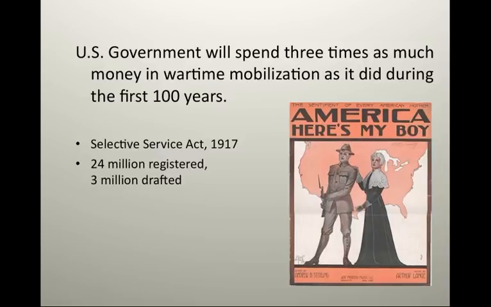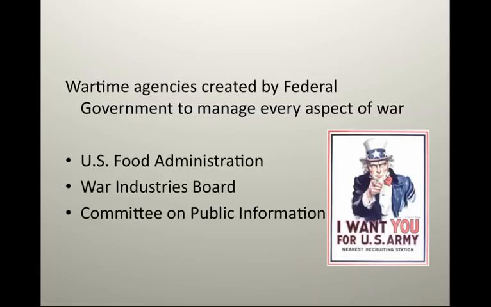And there were scores and really hundreds and a kind of spiral of draft resistance and draft dodging, if you will, that landed many American young men, many a dissenter, I should say, in prison. Some cases in federal prison, like Fort Leavenworth, Kansas. So a serious effort by the government now to coerce military participation.